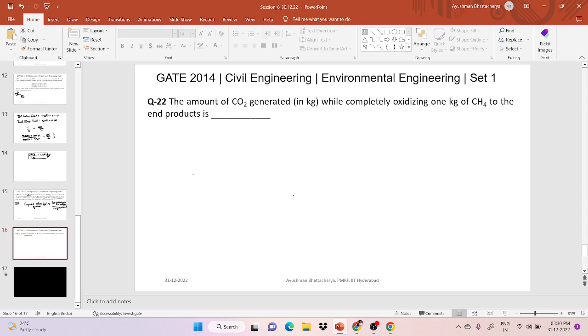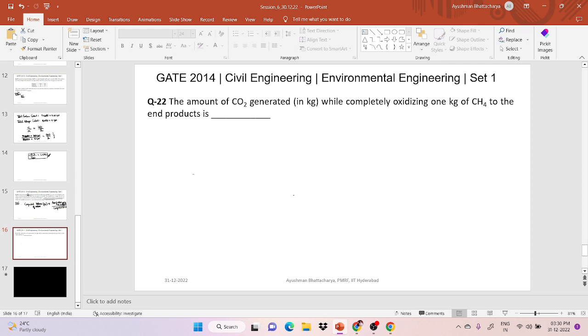So the next question, let's start. The amount of CO2 generated while completely oxidizing 1 kg of CH4 to the end product is.